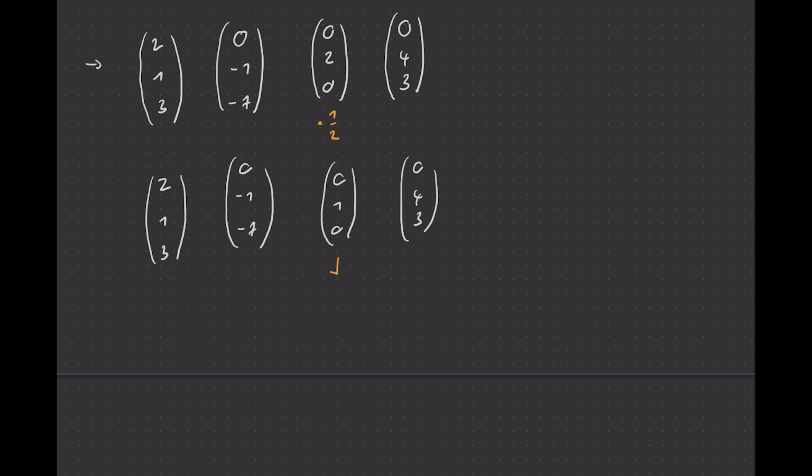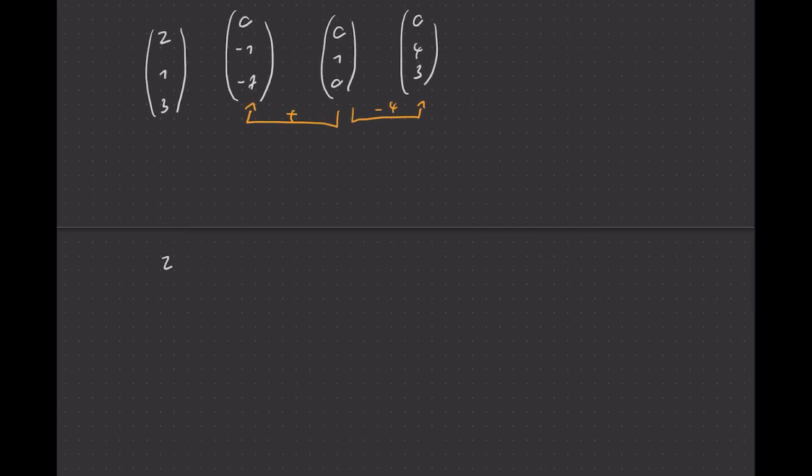We're going to add the vector here, and we're going to subtract the vector here with a factor of 4. And that yields 2, 1, 3, 0, 0, minus 7, 0, 1, 0, and 0, 0, 3.